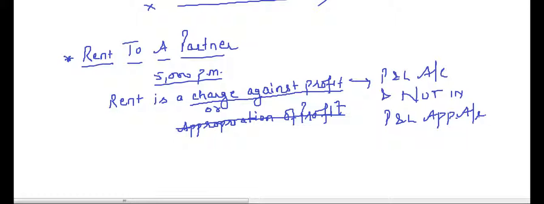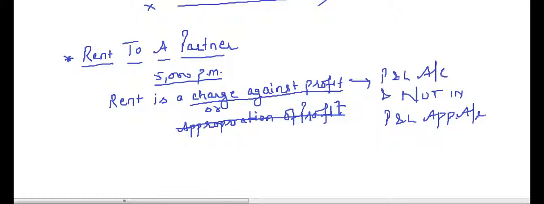Profit and loss appropriation account is prepared when the profits are to be distributed among the partners. If there is anything that has to be paid, whether there are profits or losses, then it is a charge against profit and not an appropriation of profit. This is one, rent.